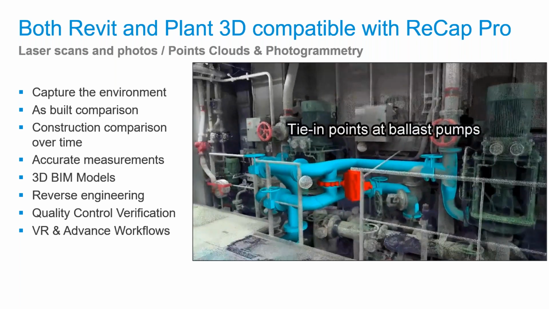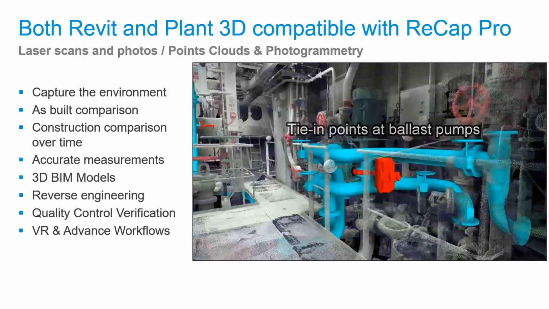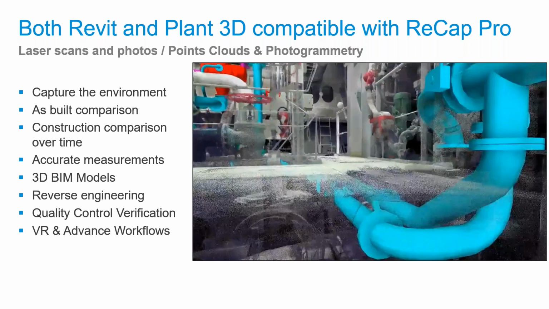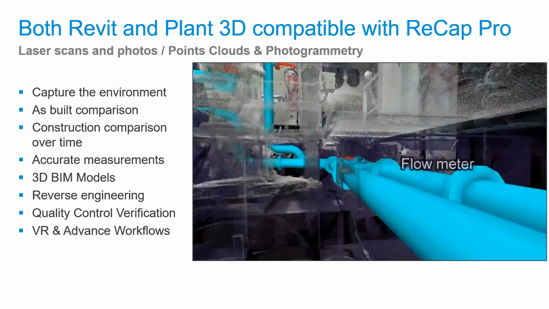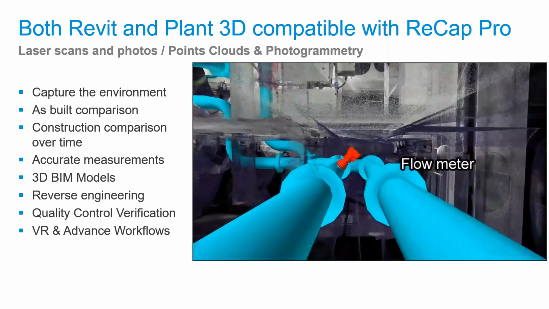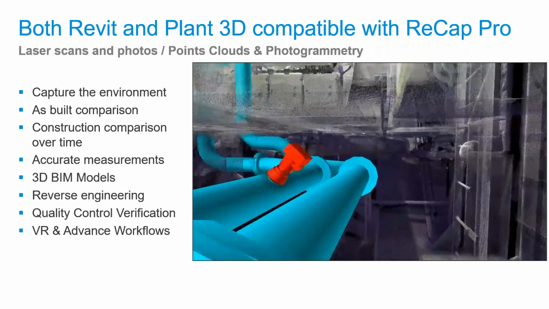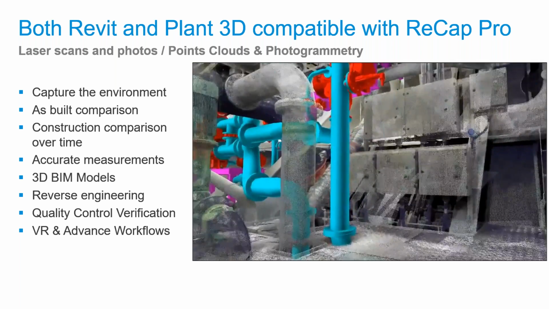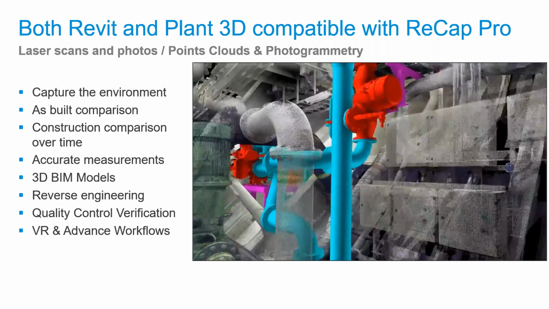And you can also use photogrammetry, where you take photos and aggregate them using ReCap, then make a mesh and superimpose that model with a design project that you did, and this is really helpful.